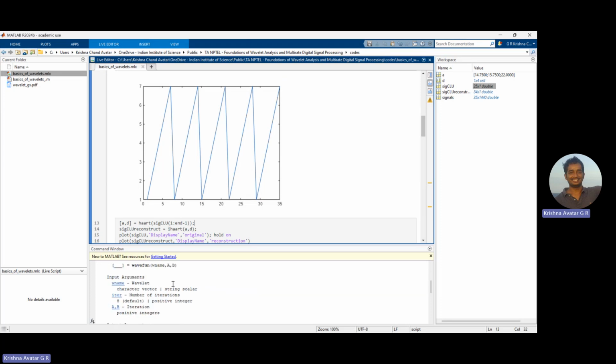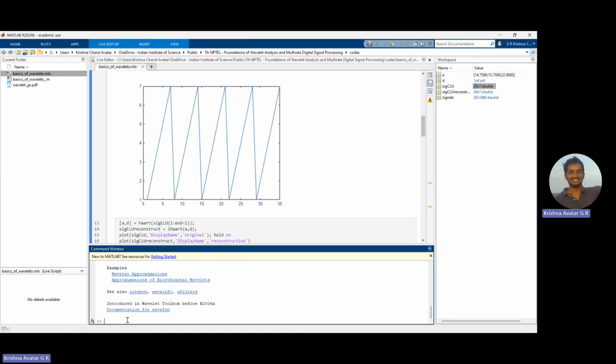And when I do this, I get two outputs. So let's also get more information about this. So help haart. It does Haar 1D wavelet transform, and this MATLAB function performs the 1D Haar discrete wavelet transform of the even length vector x. So it requires that the vector is even.